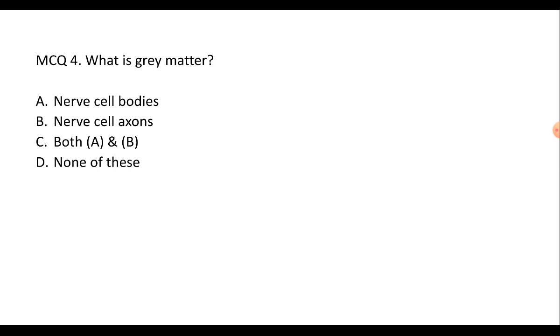What is grey matter? Is it the nerve cell bodies, or the nerve cell axons, or both nerve cell bodies as well as nerve cell axons, or none of these? Answer is A. Grey matter is the nerve cell bodies.